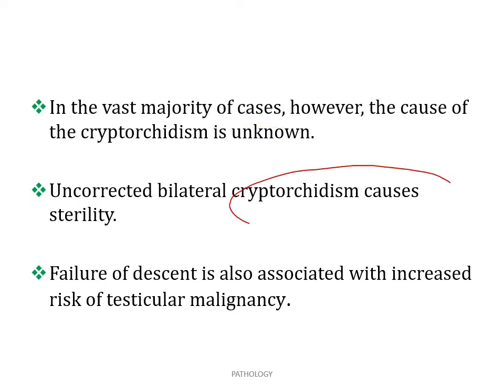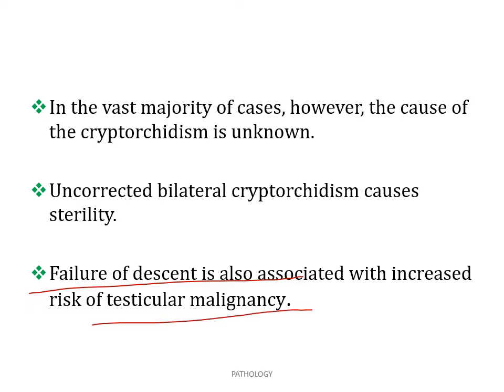Uncorrected cryptorchidism, that is undescended testes left within the abdomen, can cause sterility; the testes do not function and the patient becomes infertile. Failure to descend is also associated with testicular malignancy. Why?